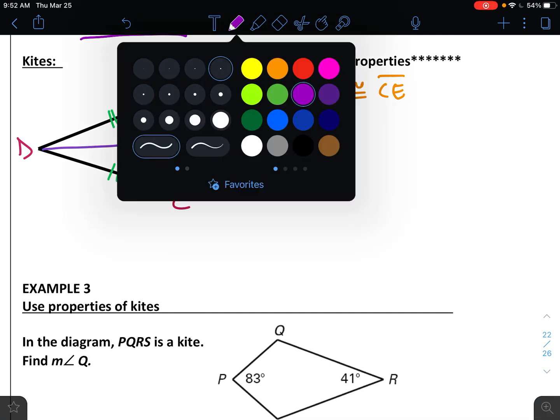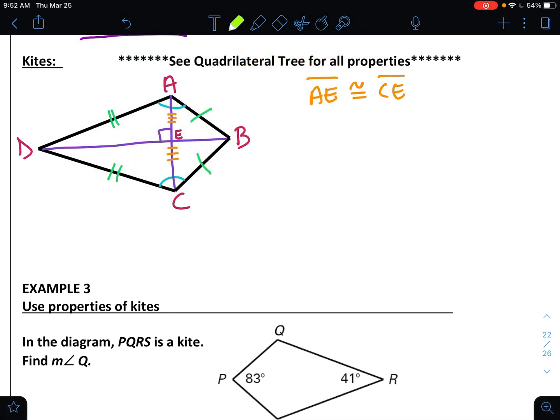And then we have some angles. Let's try this purple one. No, I already used purple. Let's do this green one. So angles D and B are getting cut in half. So let's put an arc there, and let's put 2 arcs and 2 arcs, and then I'm going to do 3.